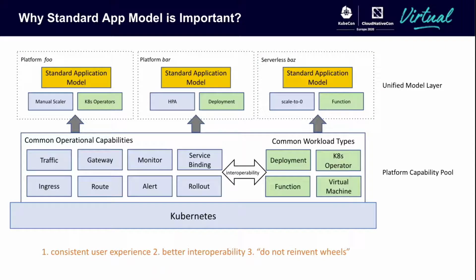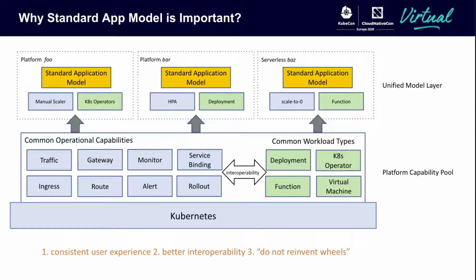This is where a standard application model can save the world. Essentially, we now have a unified model layer for all application platforms in the organization. They speak APIs such as components and application configurations, or any kind of standard application-level primitive instead of infrastructure-level primitives, which ensures that we will not leak too much detail to our users with a unified approach.